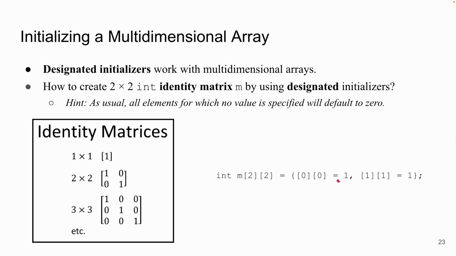And then I just assign the initialized value to the elements indicated by the designator. So here I have 0, 0 and 1, 1. I assign 1 to these 2 elements to create this 2x2 identity matrix.